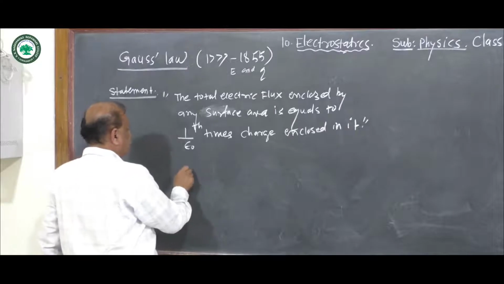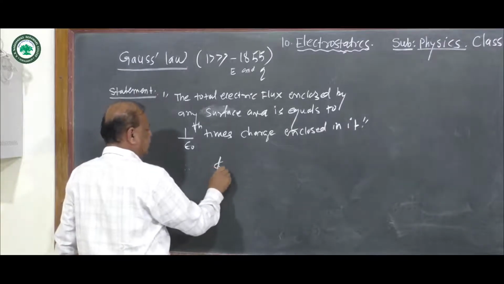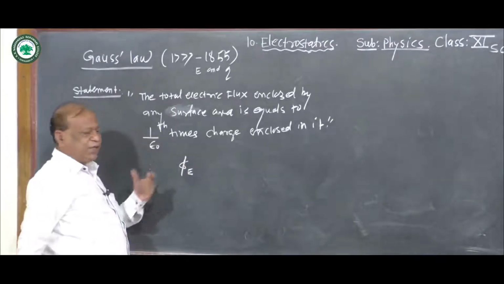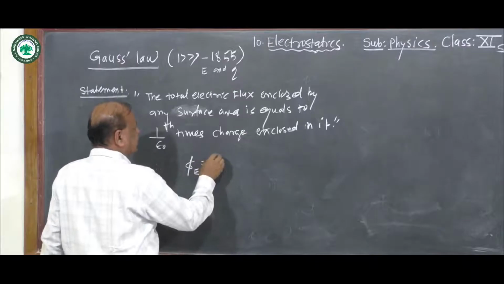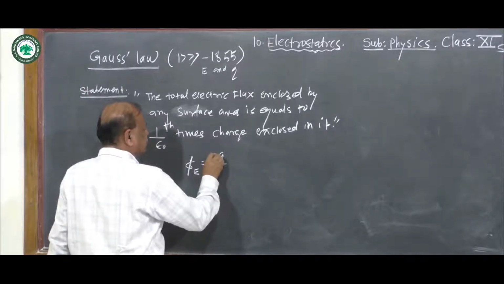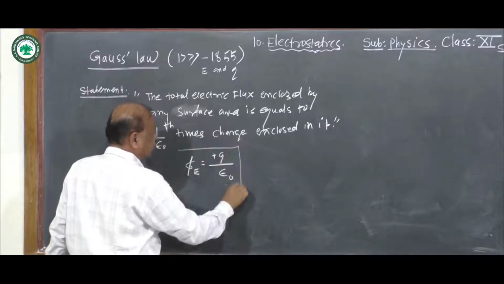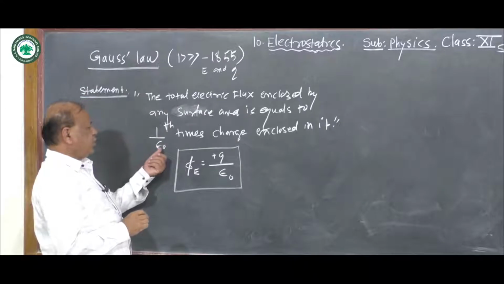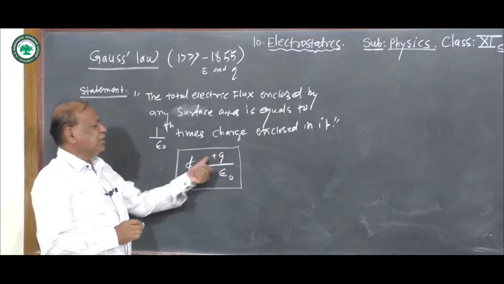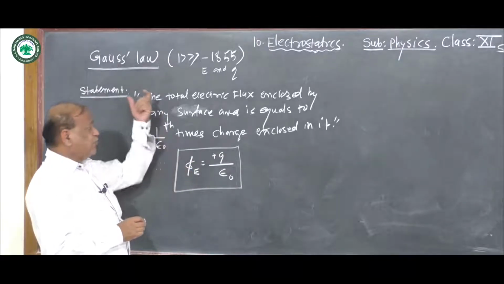Now mathematically, this total electric flux phi E is equal to, suppose the charge is plus Q, Q divided by epsilon 0. That is 1 upon epsilon 0 times the charge is the electric flux.